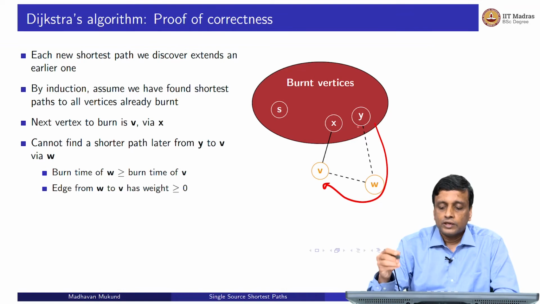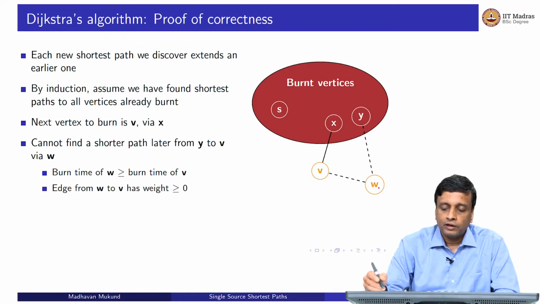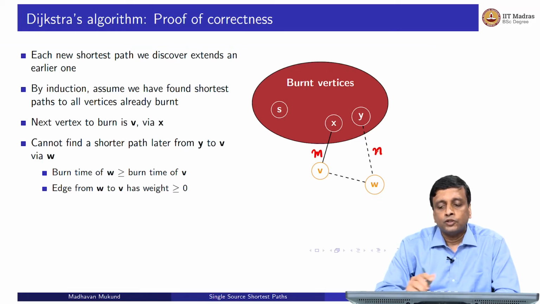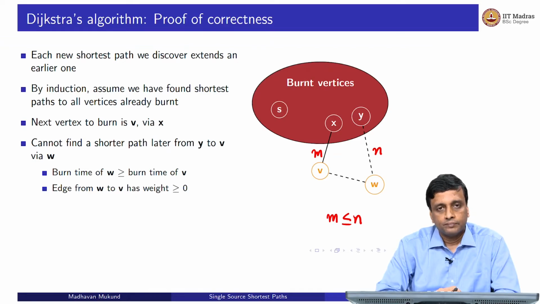Well, okay, so now why can this not happen? First of all, let me say that this is some M and this is some N. The fact that I chose to burn V before W means that M must be smaller than N. It cannot be bigger than N. So N is at least as big as M, and now I have to come and do something here.